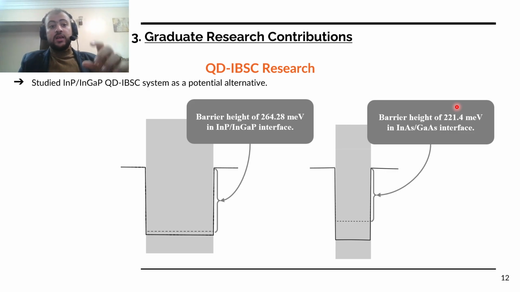This causes a higher barrier between indium phosphide and indium gallium phosphide, which we can see here. The higher barrier, yes, we are still at 200 milli electron volts. However, it is still higher than the 220 milli electron volt of the indium arsenide, gallium arsenide barrier.